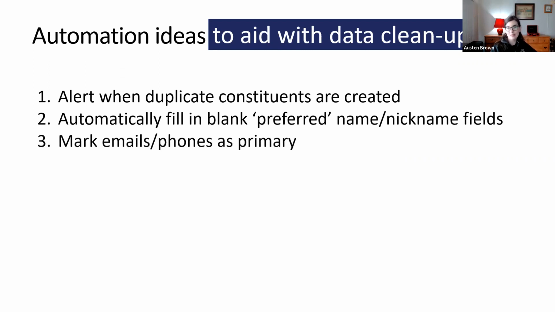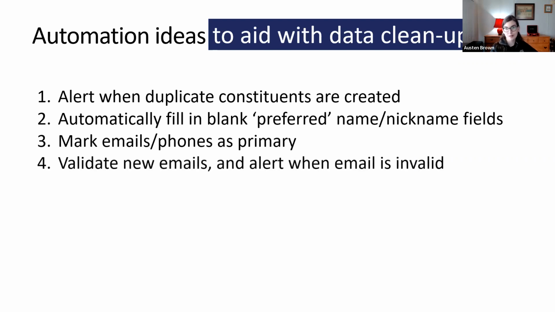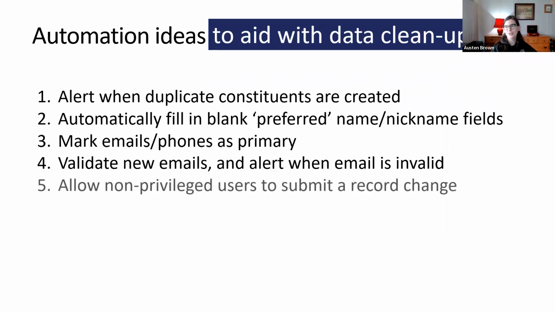You can mark emails or phones as primary, and you could even take it one step further to validate emails in advance and receive a notification if it comes back as false. You can allow non-privileged users to submit a record change and build in a decision process within the flow to either make that change or consult you on what to do with it.